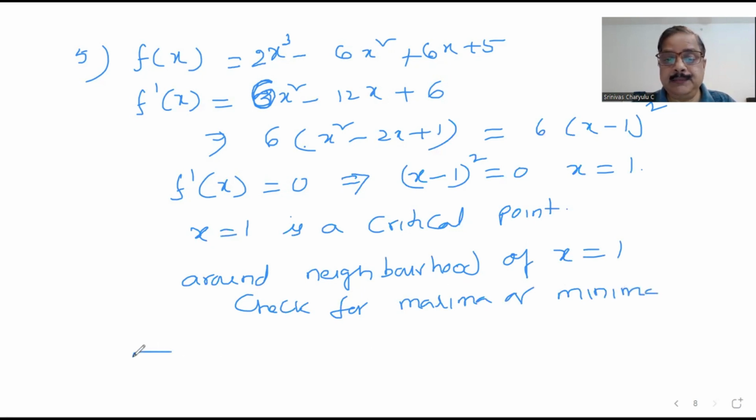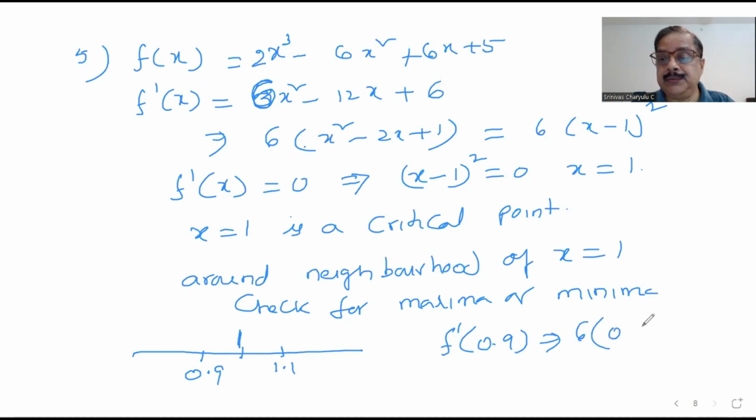So we'll take a number line like this. The critical point is 1. On this side, 1.1, you reduce; here 0.1 you increase, 1.1, and here 0.9. So we'll check both sides. So f dash of 0.9 is 6 into 0.9 minus 1 whole square.